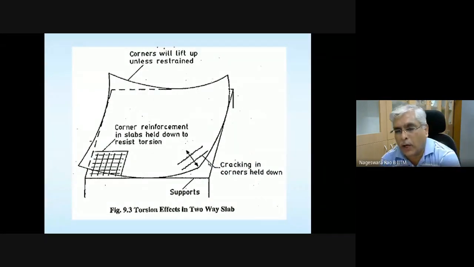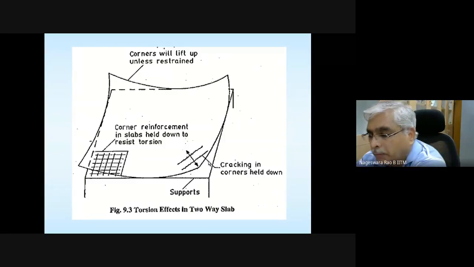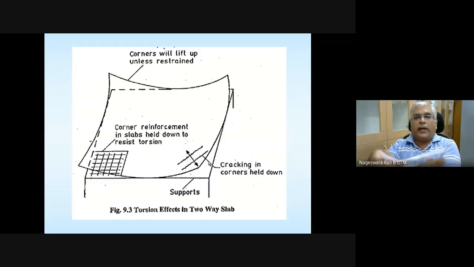The behavior of a slab is going to be similar to a sheet of paper. Imagine this is the slab, and you are supporting it on all four edges and applying some load.